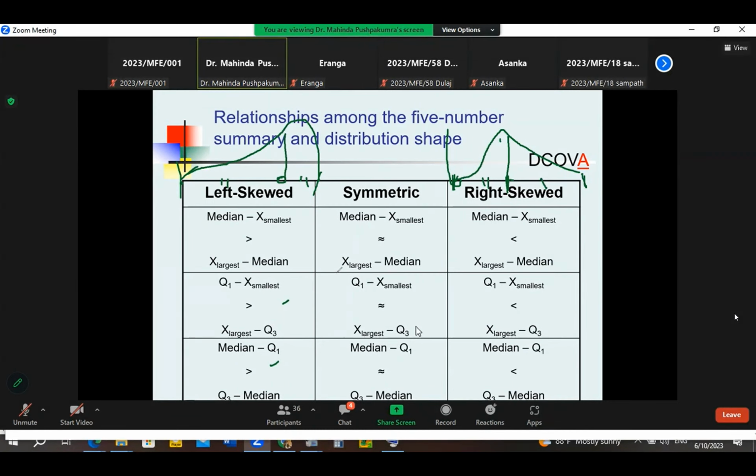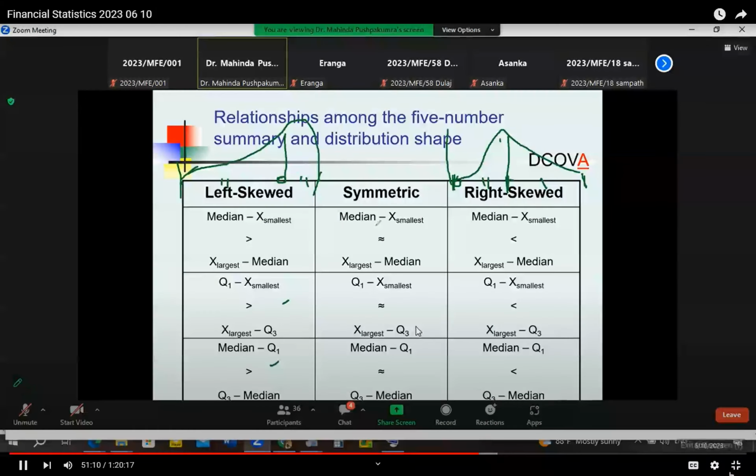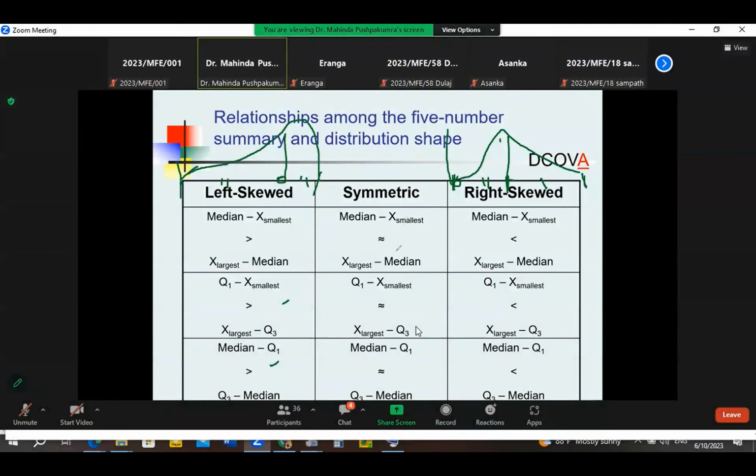Now if you are given these five numbers, median, smallest, largest, Q1 and Q3, you should be able to identify the shape of the distribution.